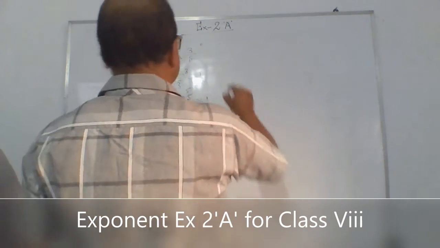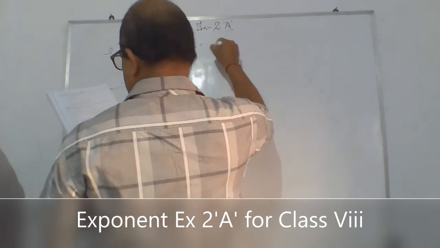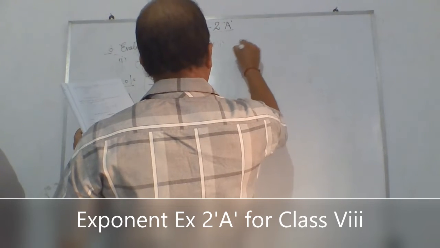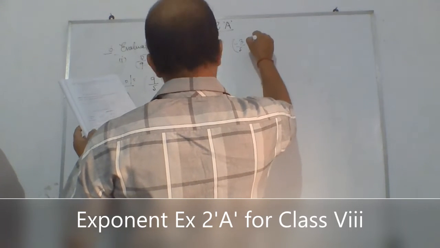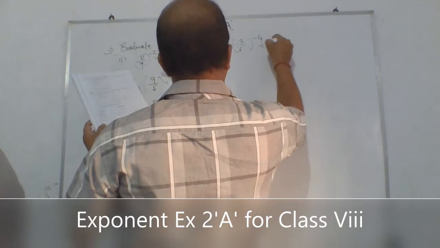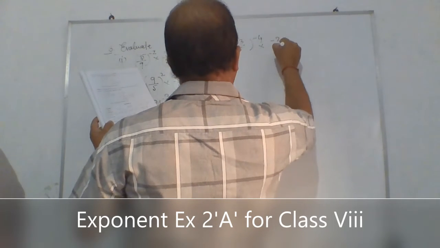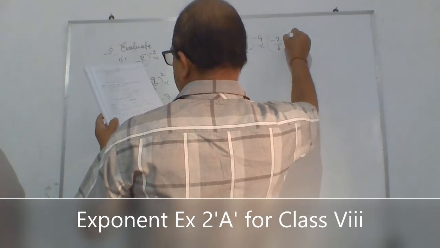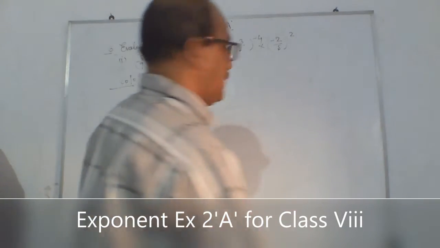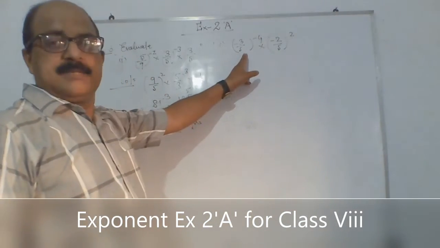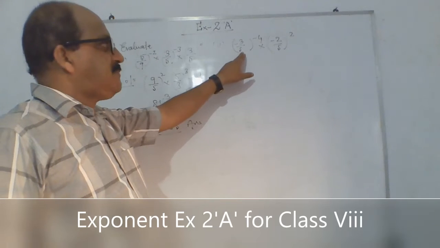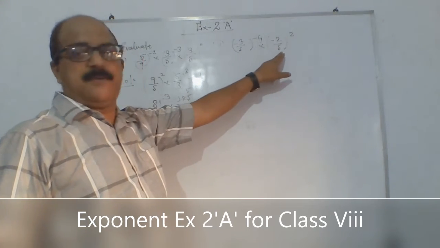Question number 2, minus 3 by 5 to the power minus 4 into minus 2 by 5 to the power 2. See, minus 3 by 5 and here minus 2 by 5.